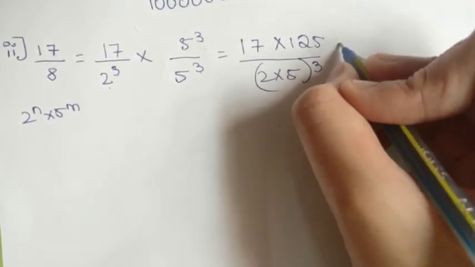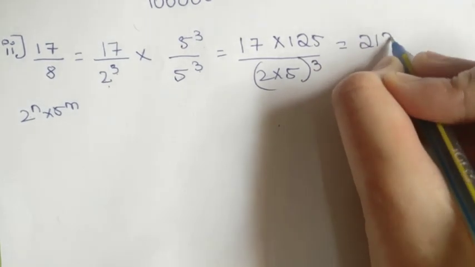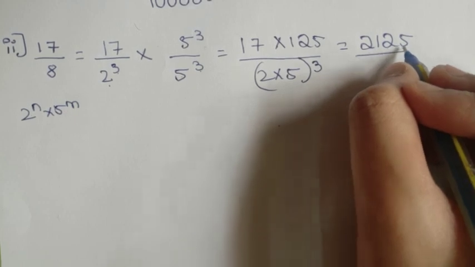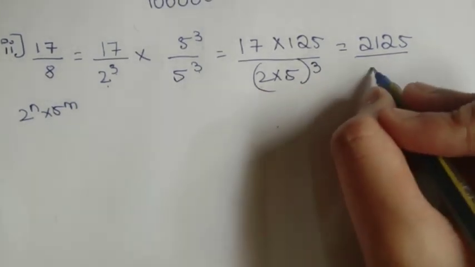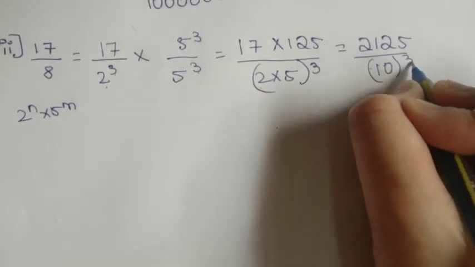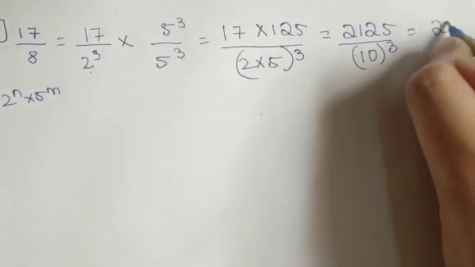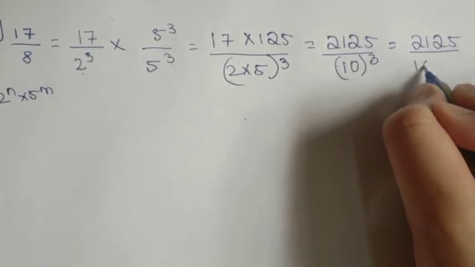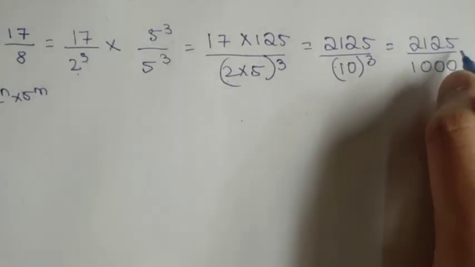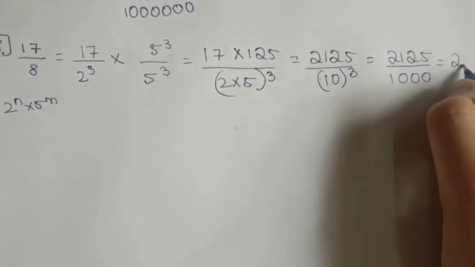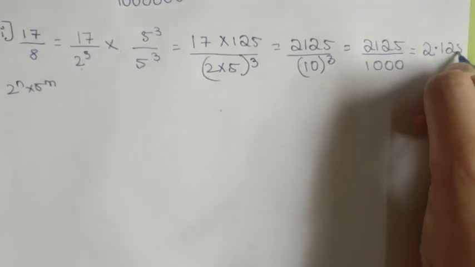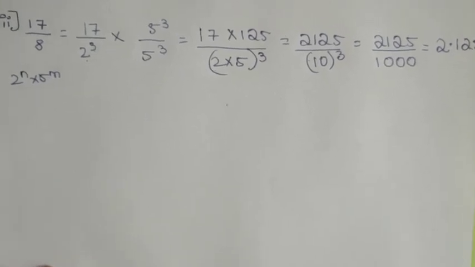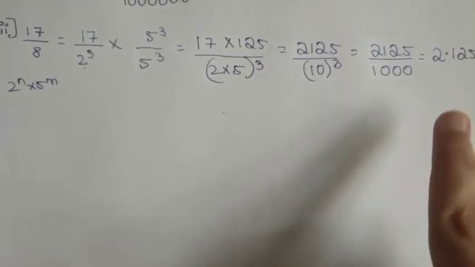Okay, and here 17 into 125 gives 2125, and 5 into 2 is 10, so 10 root 3. That becomes 2125 by 1000. So we can write it as 2.125. So the decimal expansion of 17 by 8 is this.